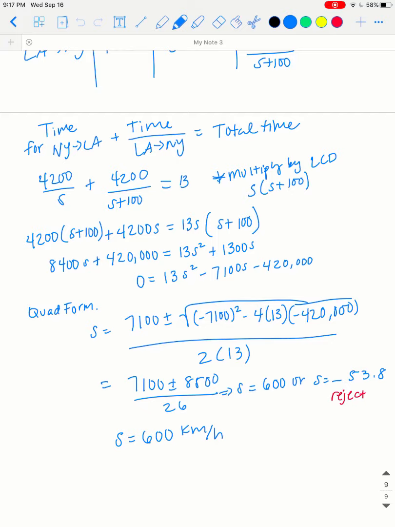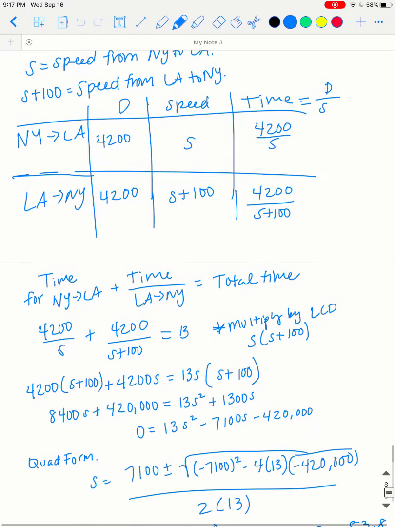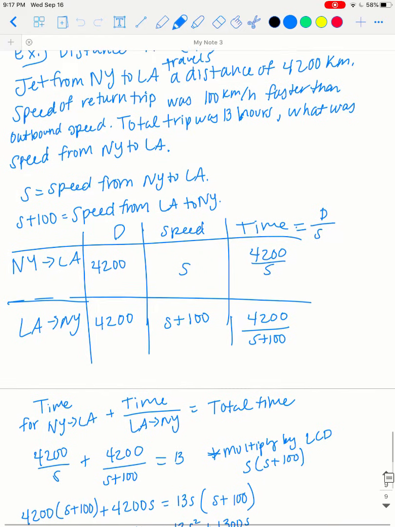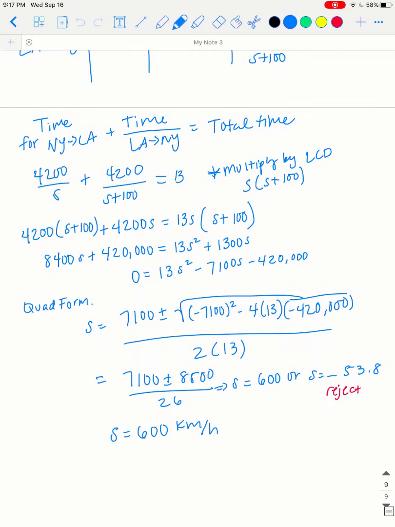So our s is going to be 600, or s equals negative 53.8. We can reject the negative 53.8 because what are we trying to solve for? The speed. We don't really have a negative speed unless we're talking about velocity, but here we're talking about speed. So we're going to say our s is equal to 600 kilometers an hour.